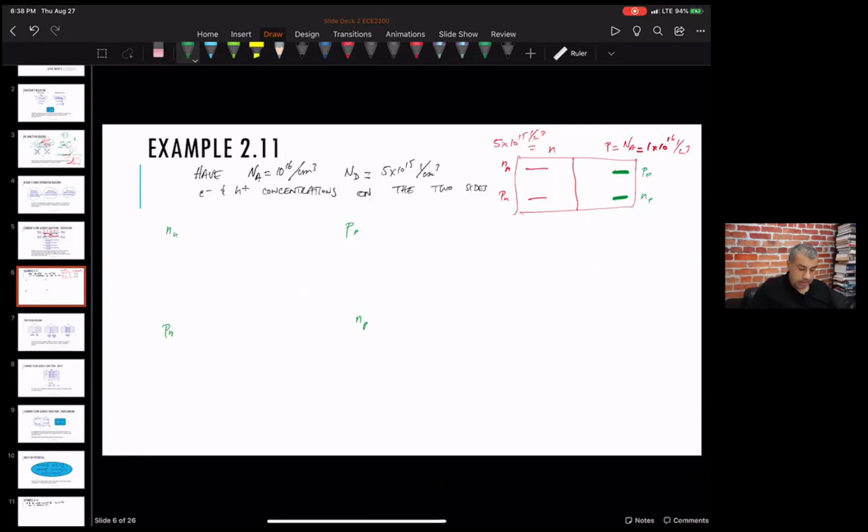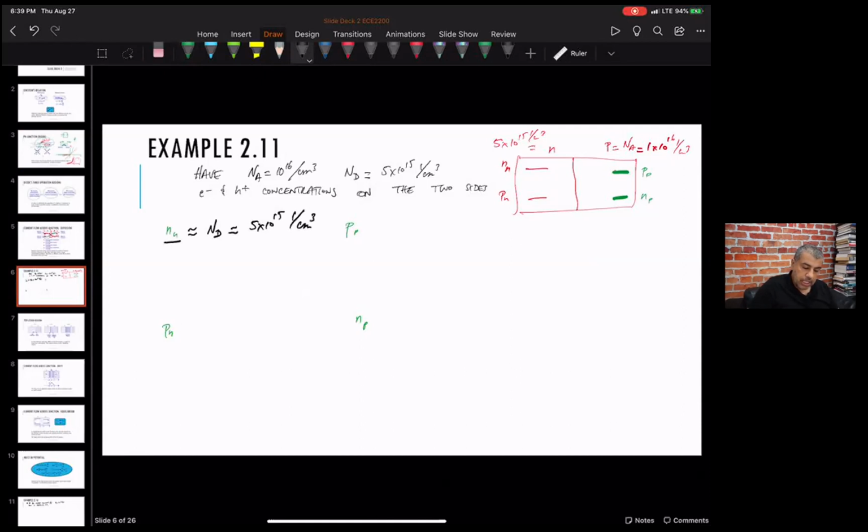Okay, guys, let's walk through this thing. Firstly, we're looking at the concentration of electrons on the n side. Remember, because these are majority carriers, this is approximately equal to n sub d, the donor concentration. So it's equal to 5 times 10 to the 15th per centimeter cubed.